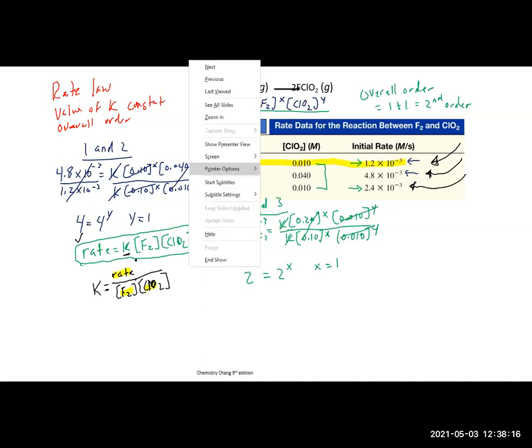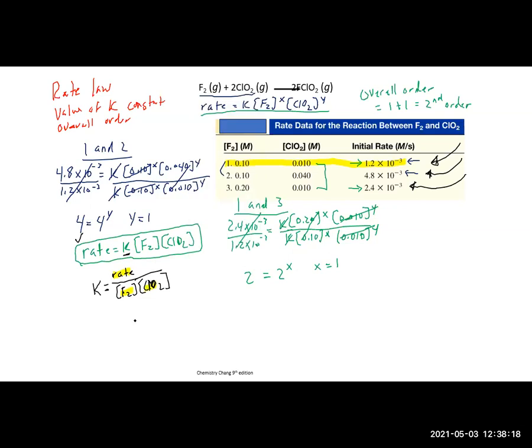If I do that, I get 1.2 times 10 to the minus 3 molar per second, divided by the concentration of F2, which is 0.1 molar, and the ClO2 for experiment number 1, 0.01 molar.